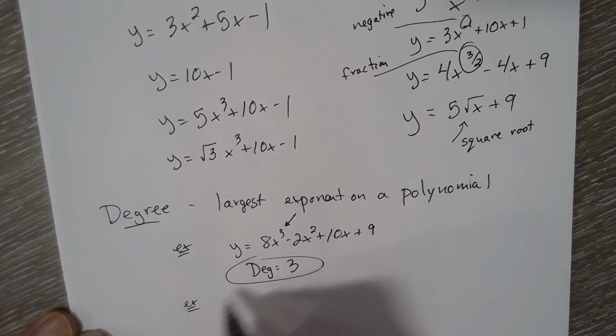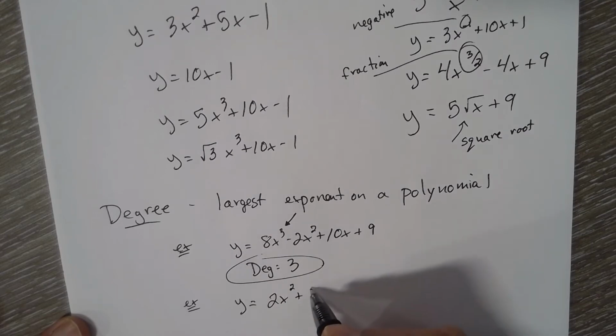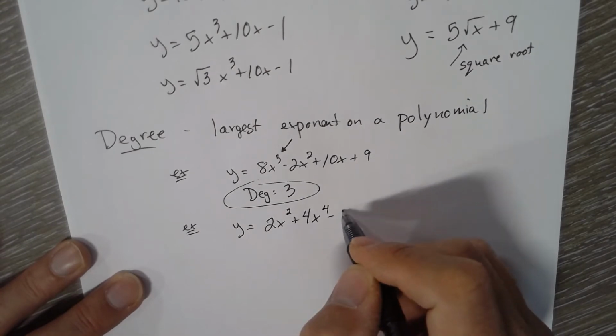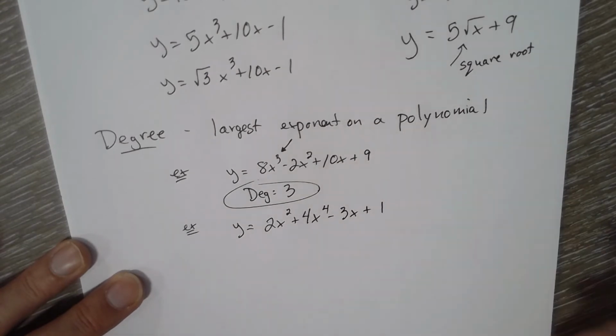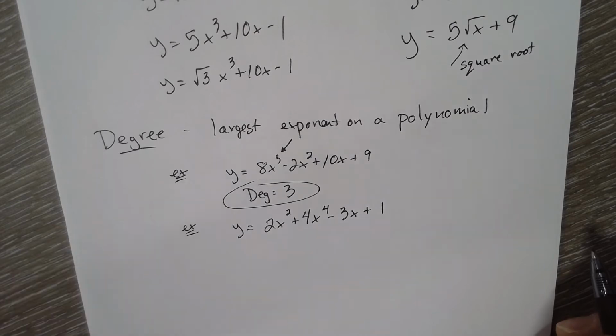Sometimes they are not in standard form, descending order, so don't be fooled. Lexi, what's my degree here? It's 4.